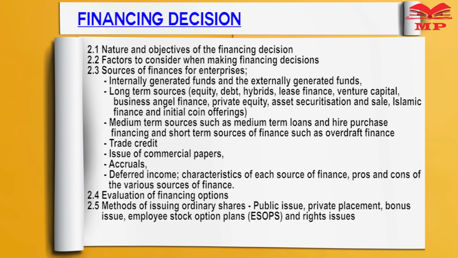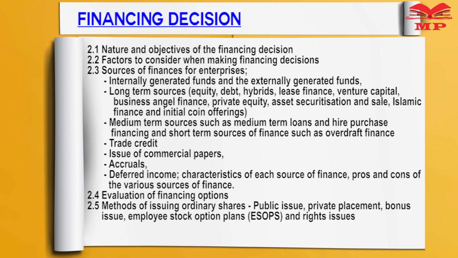Then lastly, there is the methods of issuing ordinary shares. We look at the public issue, the private placement, bonus issue, employee stock option plans, and rights issue. So that is what is expected of you as far as the chapter on the financing decision is concerned.